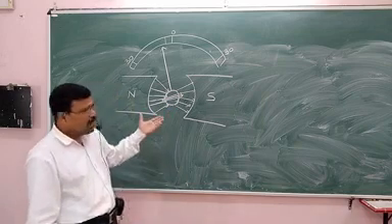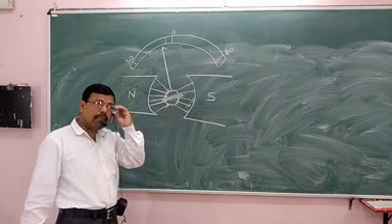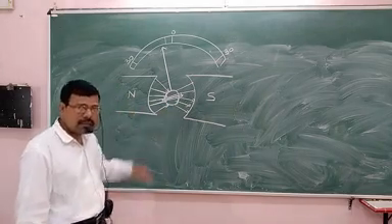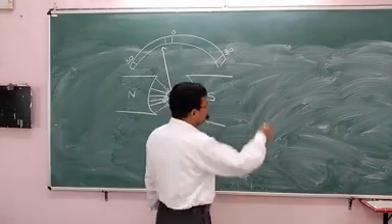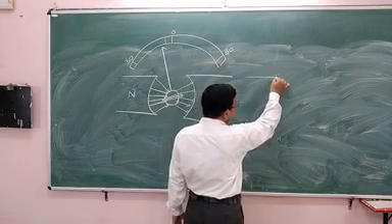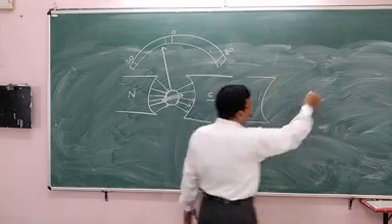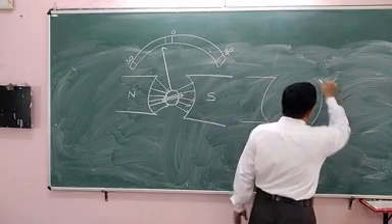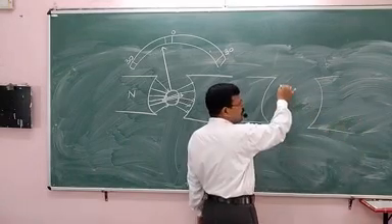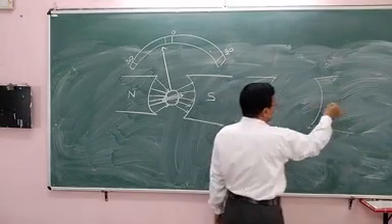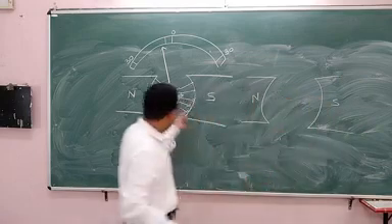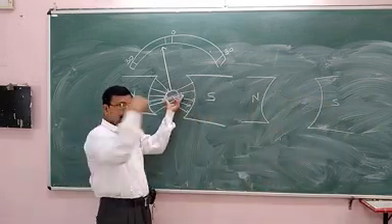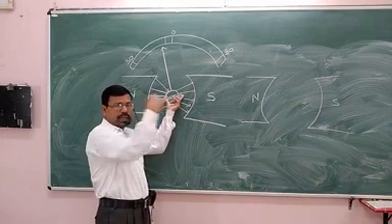Now let us see the working part of this moving coil galvanometer. Here are the concave magnetic poles, north and south, and here it is shown in the vertical view.